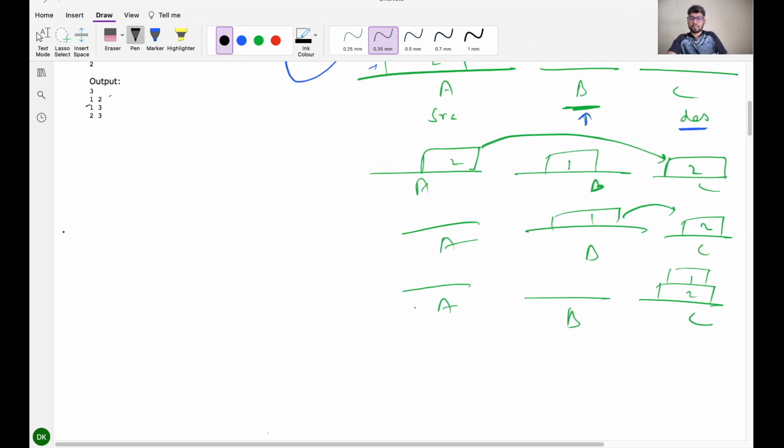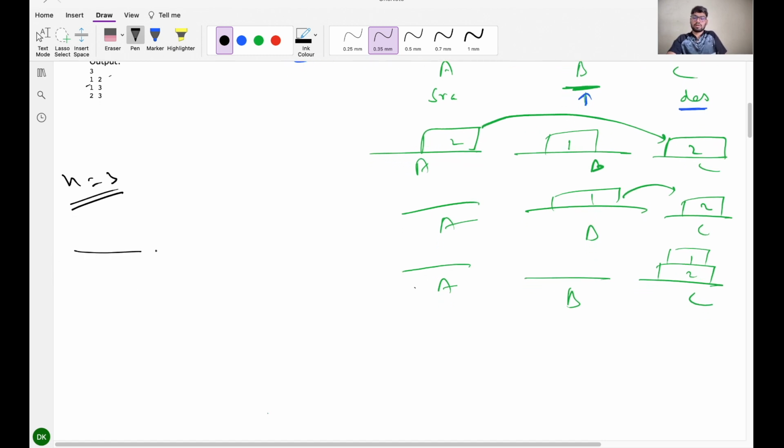Let's say n is equal to 3. What would be my initial configuration? 1, 2 and 3. This is 1, this is 2 and this is 3, at the first time, let's say A, B, C. So what would be my approach? I just have to place my third disk at the bottom of the C stack.